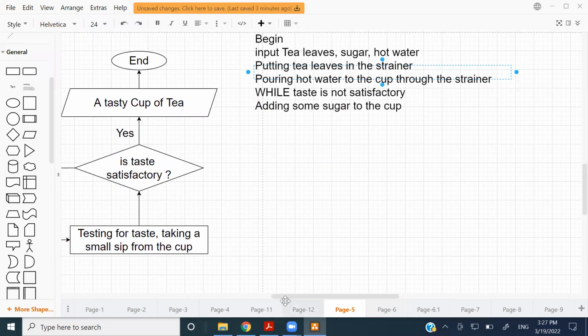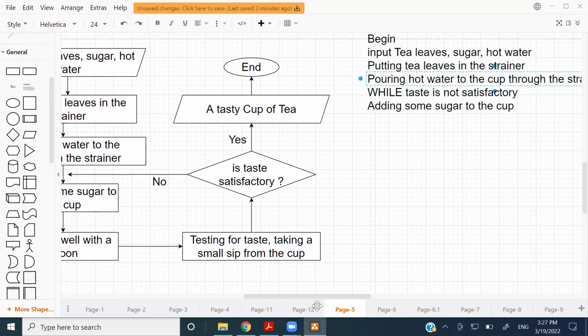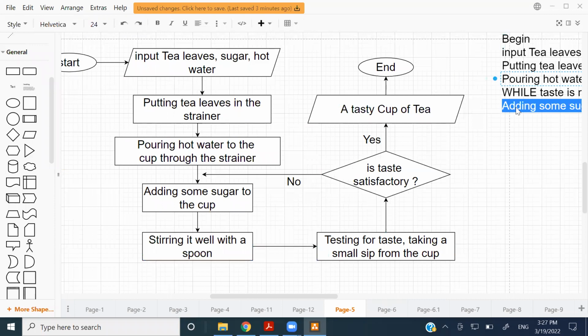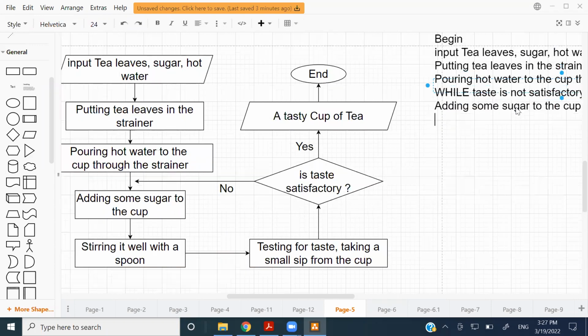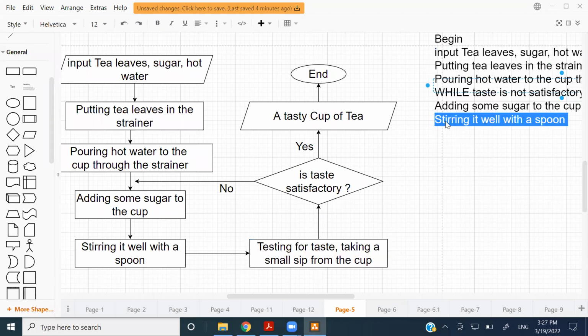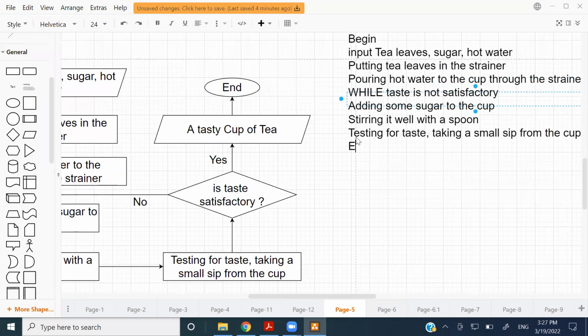Okay. And stirring it well with a spoon. And testing for taste. Yeah, those three should happen. Then the end while should be there.